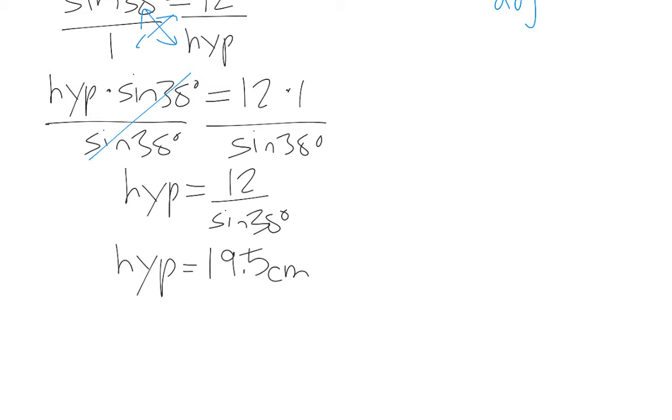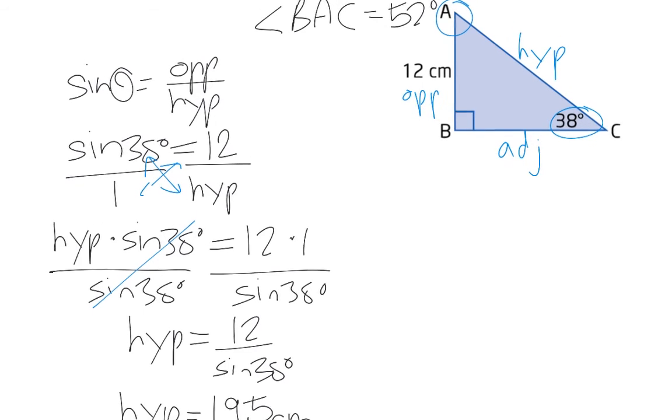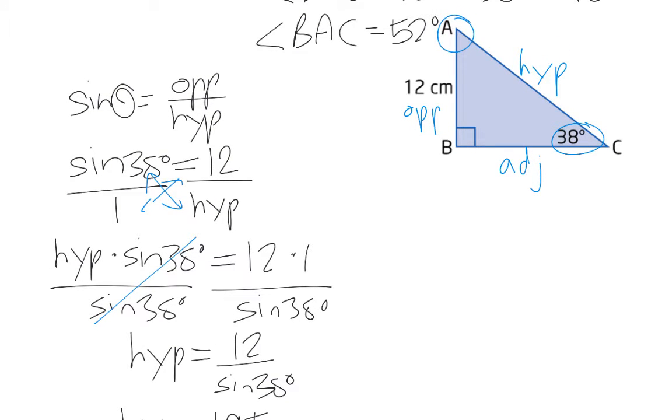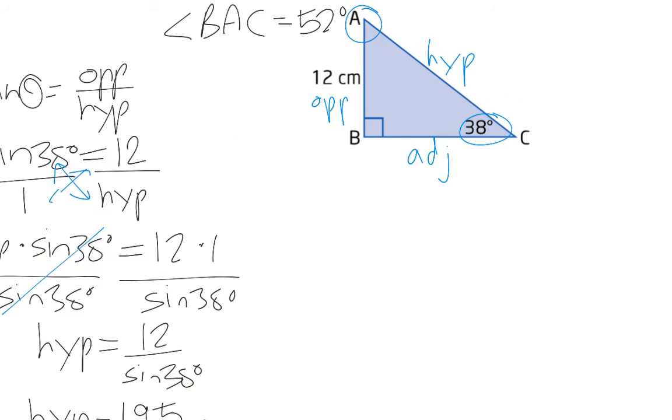Now, all you need to figure out is the adjacent side. You can use another trigonometric ratio, or you could just use the Pythagorean theorem. It's up to you. I'm going to use the Pythagorean theorem, so let's set up our equation over here. I have AB squared plus BC squared will give me AC squared.